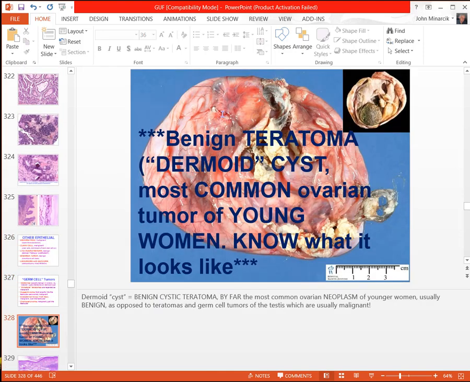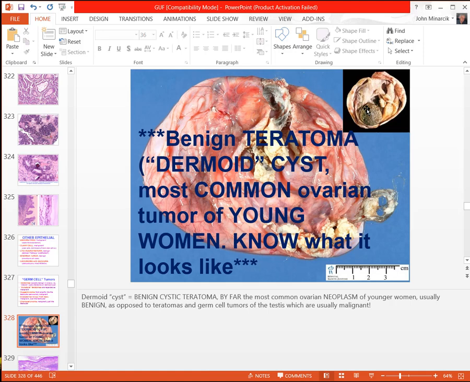Okay, dermoid cysts are often cystic. They're benign, usually. Most common tumor in a young woman. So if that starts out with a 25-year-old woman with a cystic ovarian mass. Okay, so even though a teratoma could have anything in it, the most common things are hair and sebaceous material. Hell, you could even have a tooth inside of it.